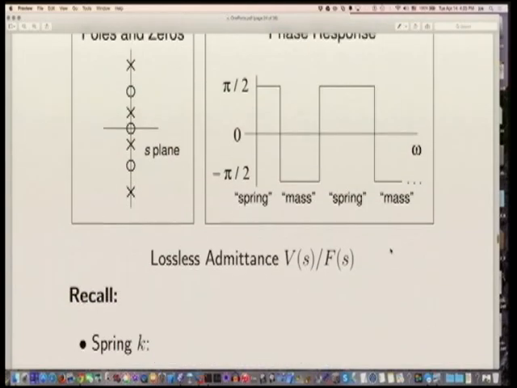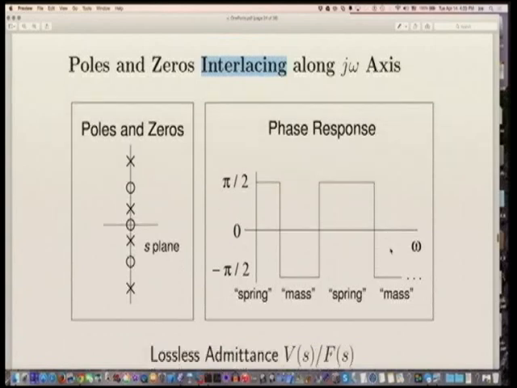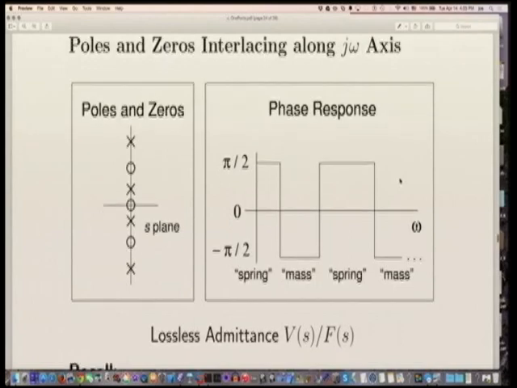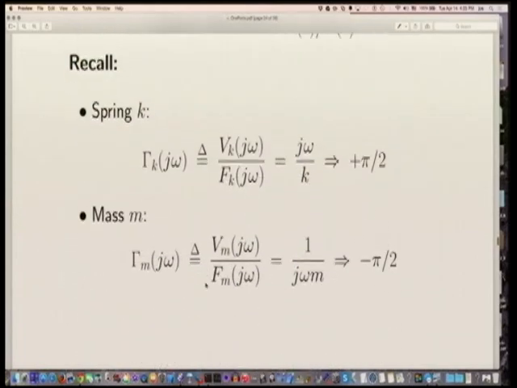It's got a good plus or minus 90 or less variation. That's one of the important properties of passive driving point admittances, like any guitar bridge, for example. It's an extreme case with no damping, so you don't really encounter these cases, but that's the extreme case. So here are the spring and mass impedances and why they have the phases they have.